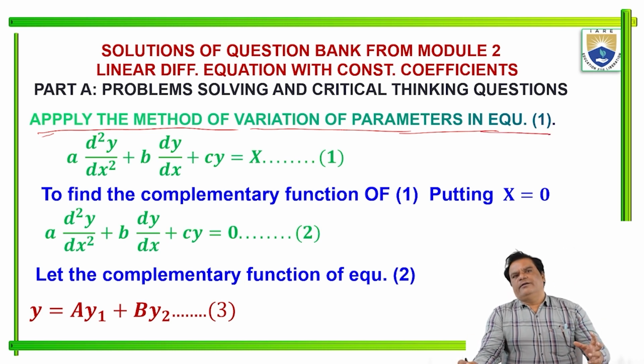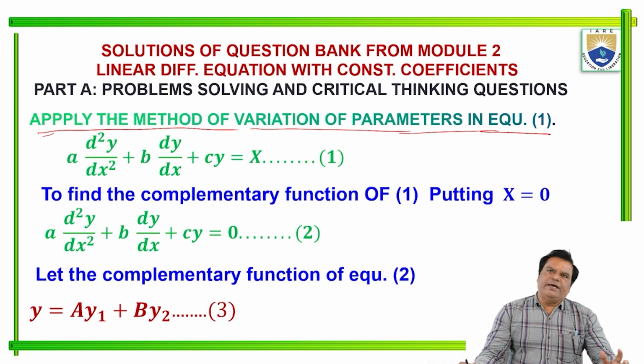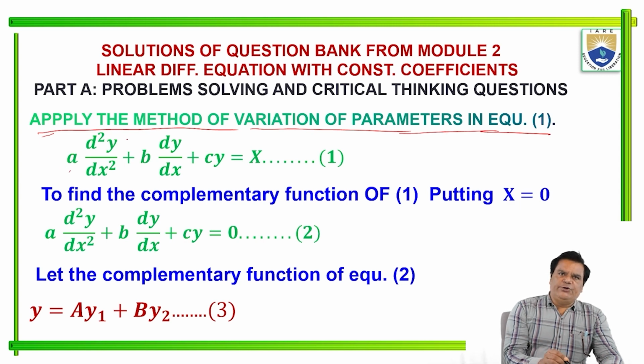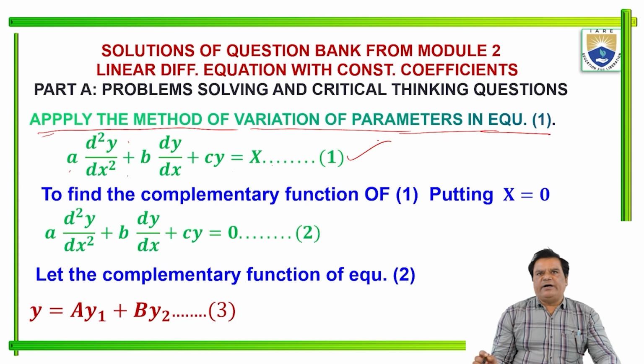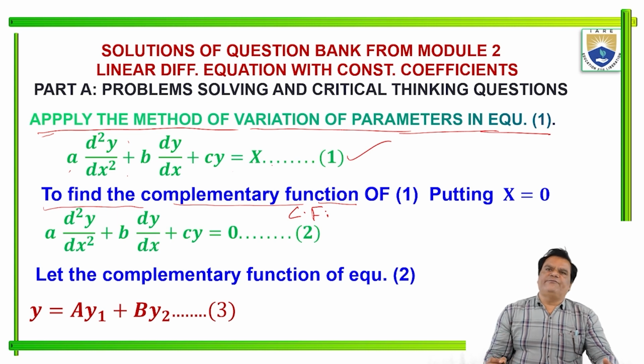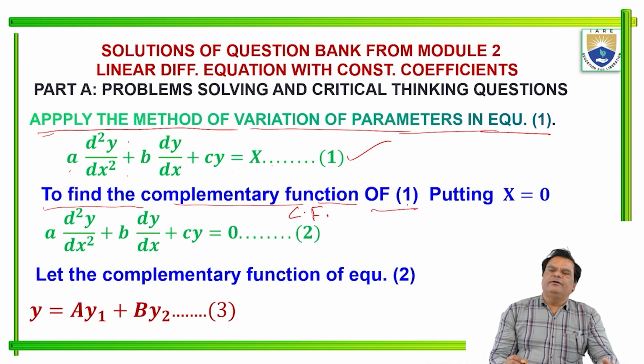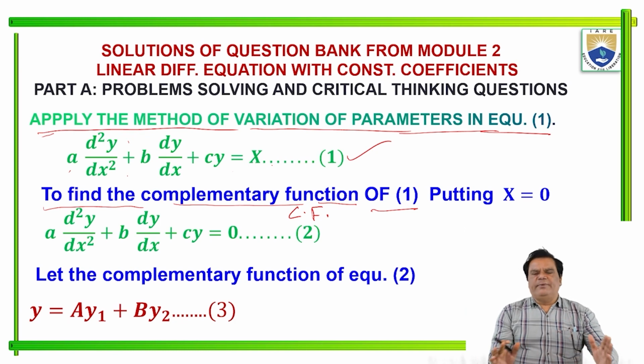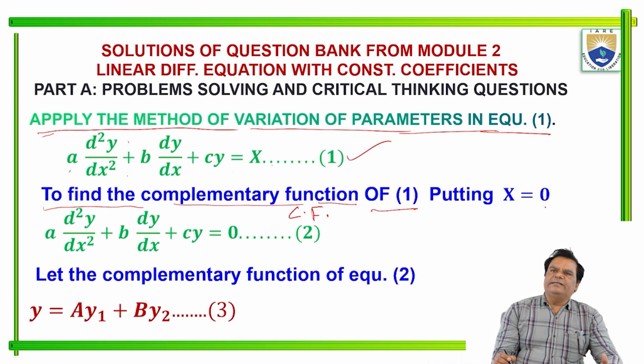So equation 1 is a d2y/dx2 + b dy/dx + cy = X. First of all, we find the complementary function, CF, of equation 1. If we want to find the complementary function of 1, then we put the right hand side equal to 0.